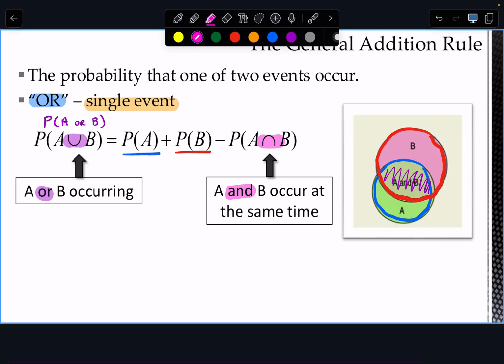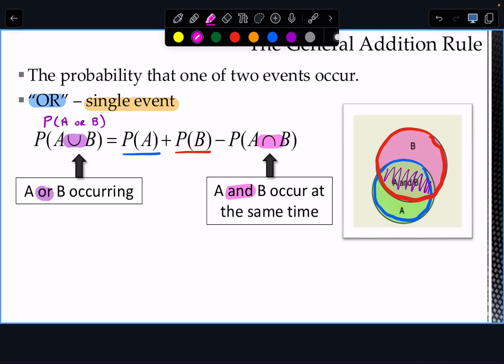Now, if my events are mutually exclusive, if they are disjoint, so think about my diamonds and my hearts. If I count up all the diamonds, there'd be 13 of them. I count up all the hearts, there's 13 of them. When I put those 13s together, have I double counted anything in that situation? No. So in that case, I don't have to worry about overlap.